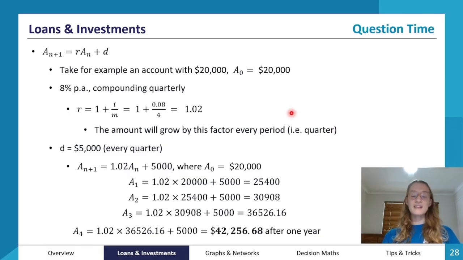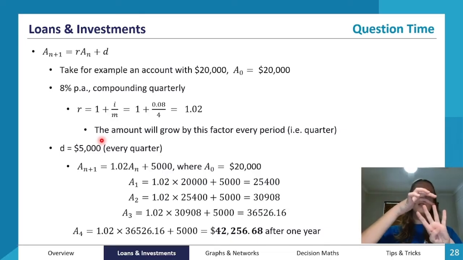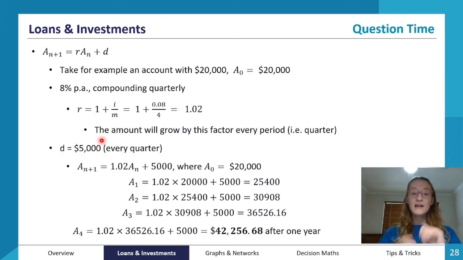So in this annuity, we'd have $42,256.68 after 1 year, because we started with $20,000, and then each quarter we added another $5,000. Adding $5,000 4 times throughout a year, we have $5,000 added, then $10,000, then $15,000, and then $20,000 added. That shows us how we get this final value.